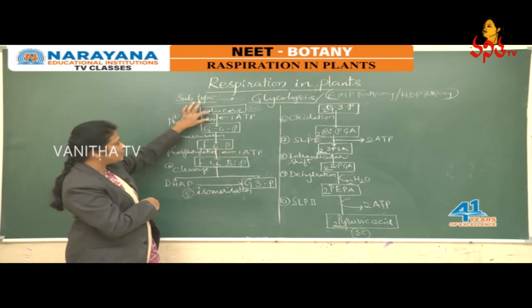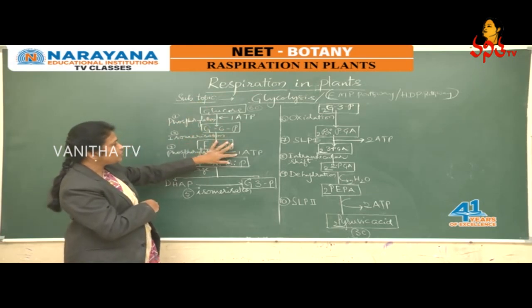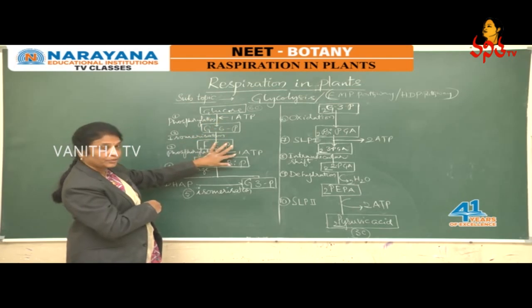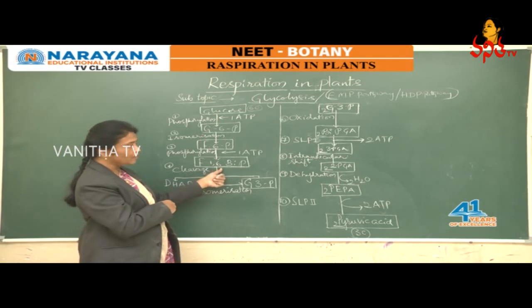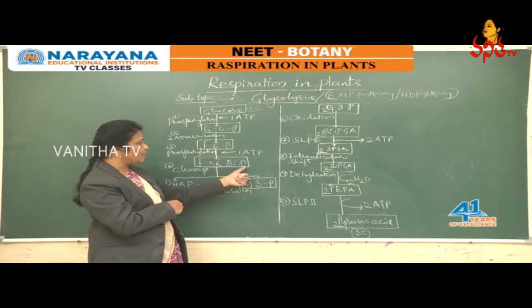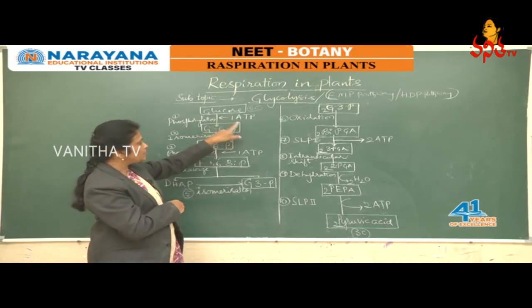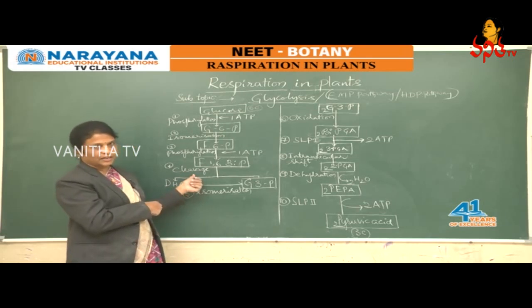So, the substrates are phosphorylated here and here. For that, 2 ATP molecules are utilized, and finally the substrate glucose is converted into fructose bisphosphate, that is fructose 1,6 bisphosphate, by utilizing 2 ATP molecules. Now, ready for the cleavage reaction.